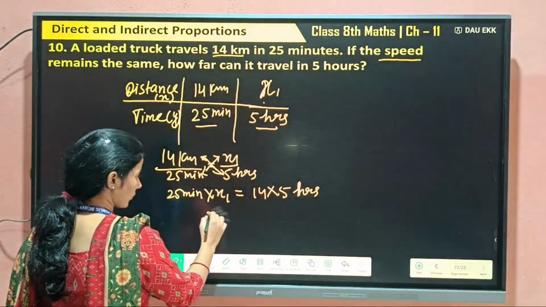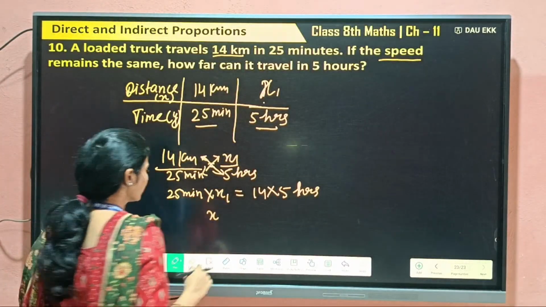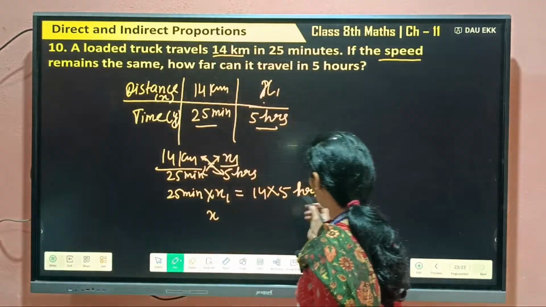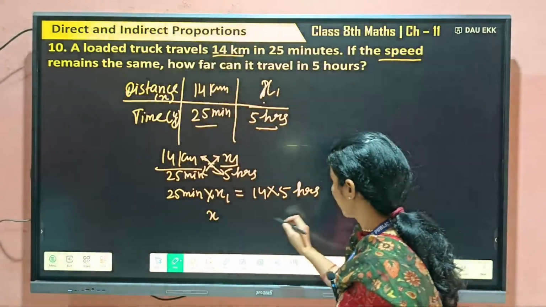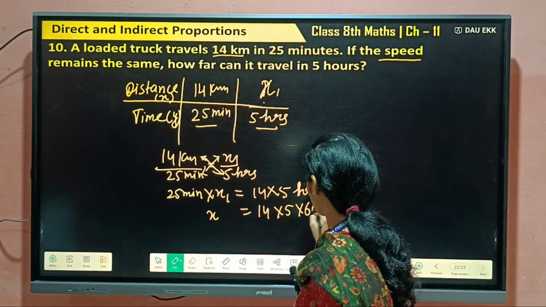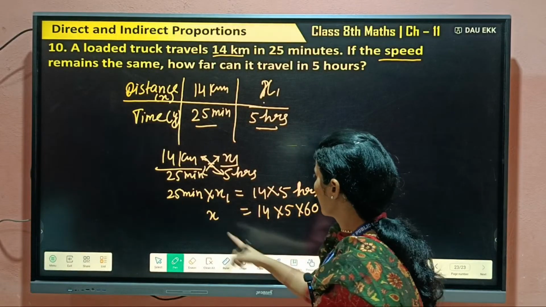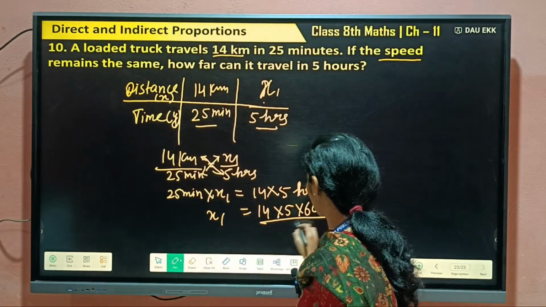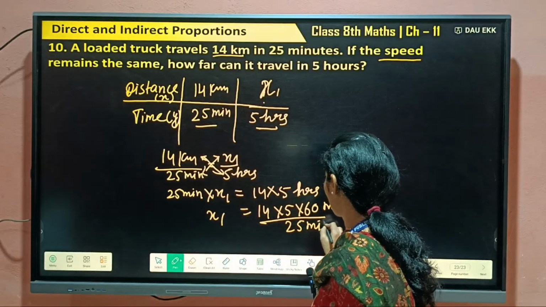So what will be x1? You can convert minute to hour or hour to minute. You can write 14 into 5 into 60 minute, and from there x1 equals that divided by 25 minute.